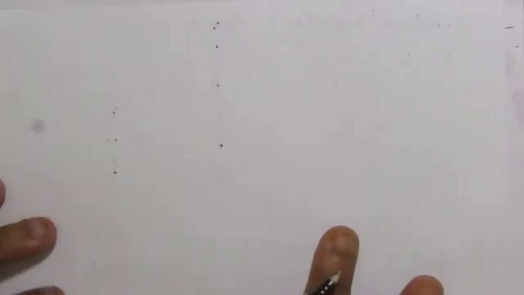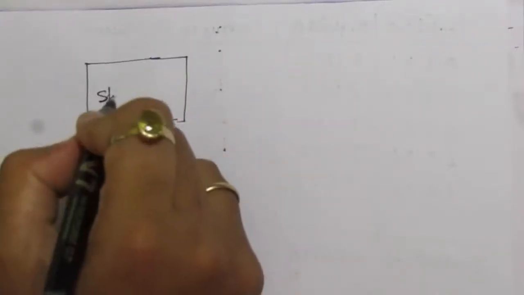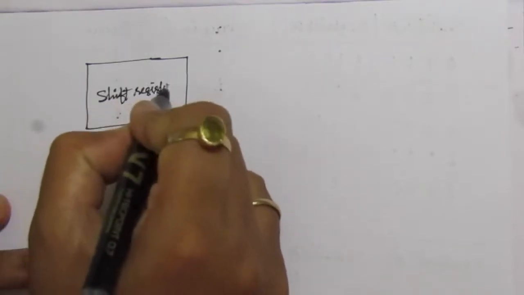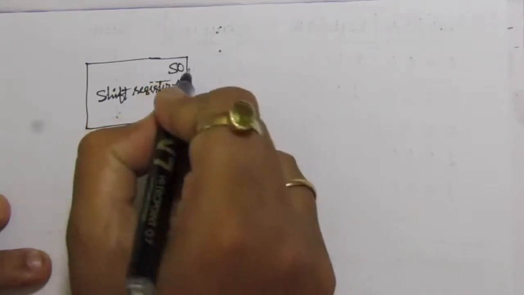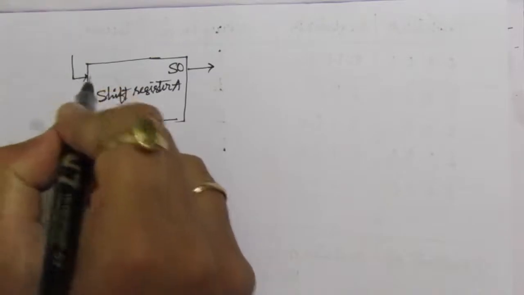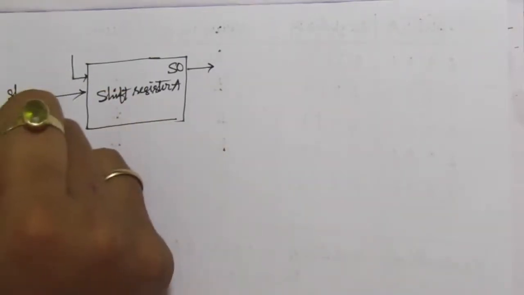Suppose this is shift register A. Here we'll have the serial out, and here we'll have the serial in. Here we have the shift control.